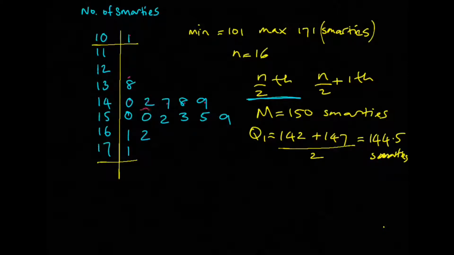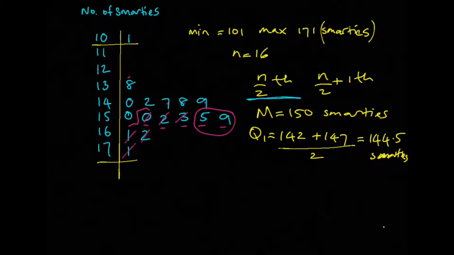Now working with this next group, same deal again, we're looking for the n on 2, so the 4th and the 5th position, because there's 8 data values in the second group. So it's 1, 2, 3, 4, and 5. You can see again, if you do it the manual way, you can cancel them out.